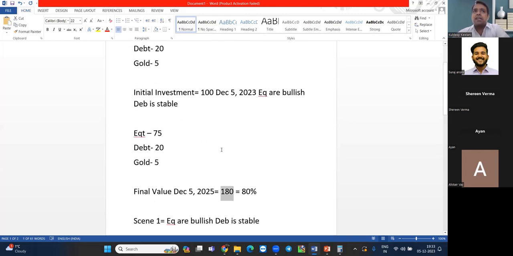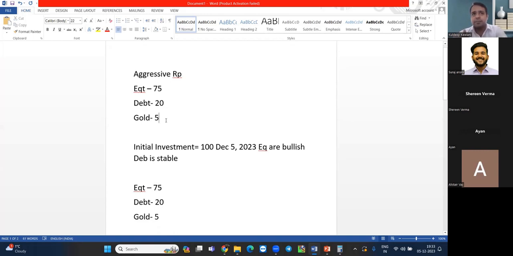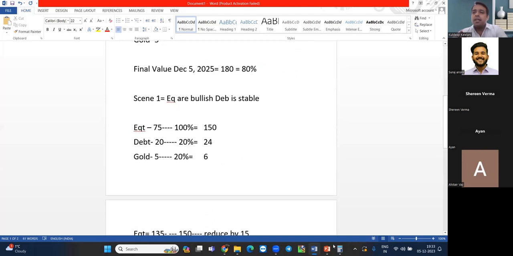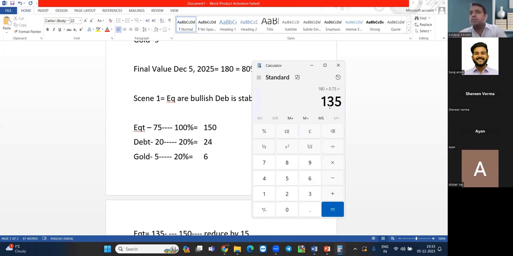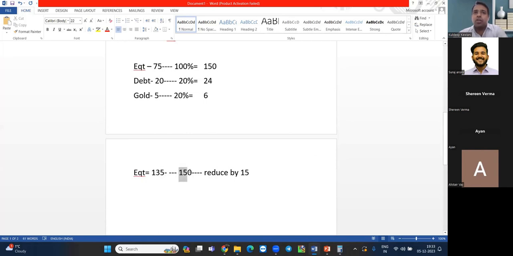So my asset allocation should again be: equities 75%, debt 20% and gold 5% of the portfolio value, right? So what is my portfolio value now? 180. If I do 75% of 180, it comes out to 135. So 135 should come, but what is the actual value of equity now? 150. Correct? So I have to reduce the value of equity by 15 to make it 135, because I need to keep the asset allocation at 75%. Right now it is more than 75%.